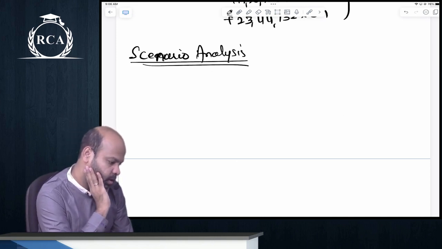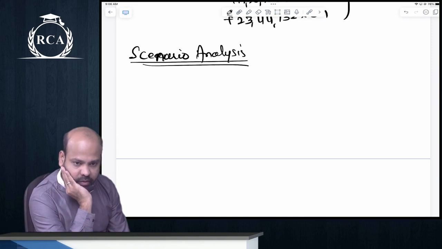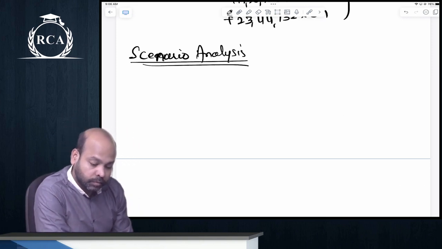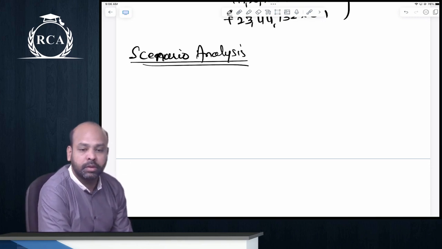Next line. After this, usually there are 3 scenarios considered.